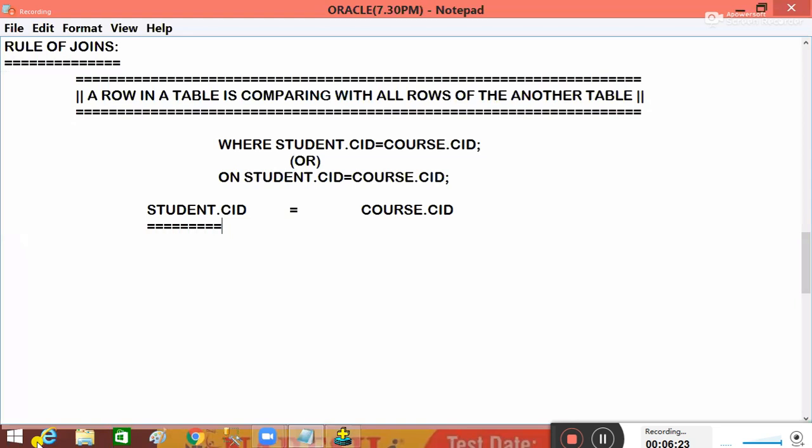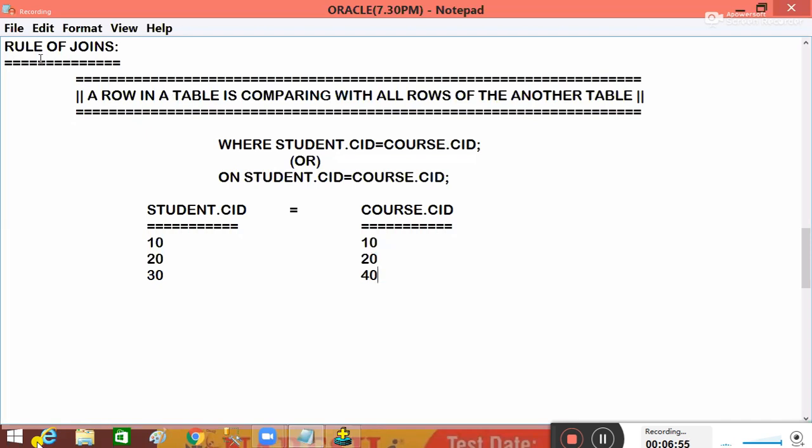In the student table, CID has the values 10, 20 and 30, and in the course table, CID has 10, 20 and 40.